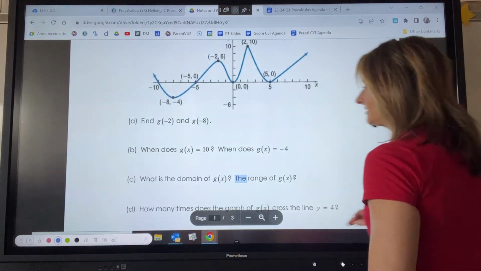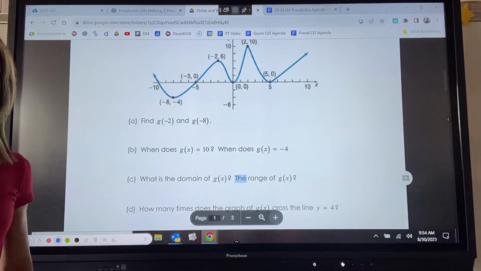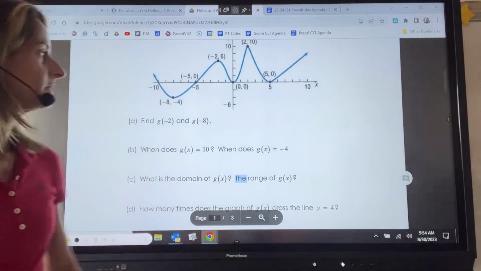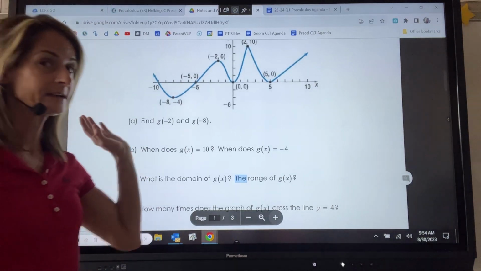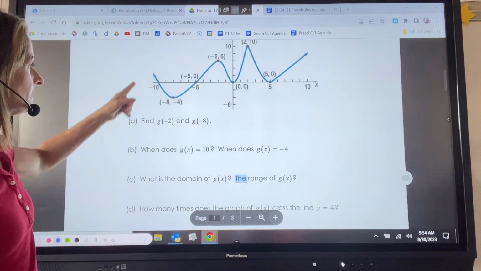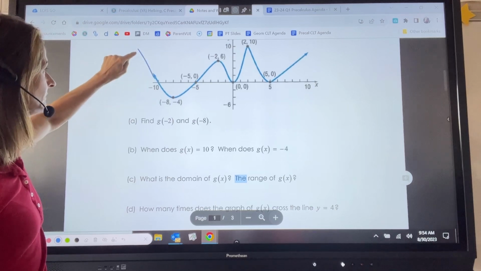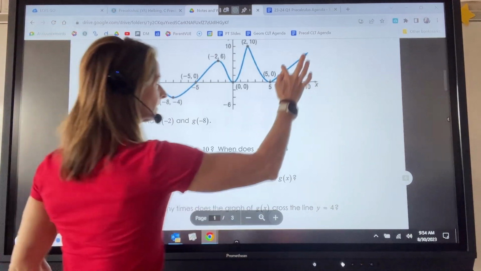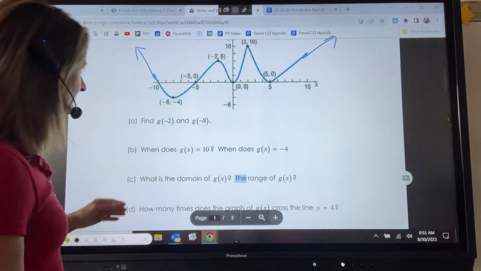So now we have to find the domain and the range by looking at a graph, and this is a useful skill. So the domain are all the possible X values. So if I had to make an XY chart, the domain is all the possible X's. And notice this arrow is going in this direction forever, and this one forever. Okay, so what's the domain?